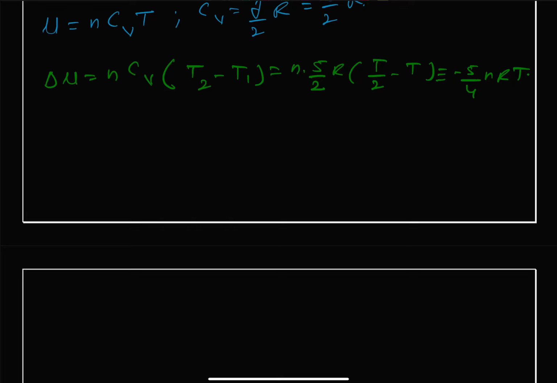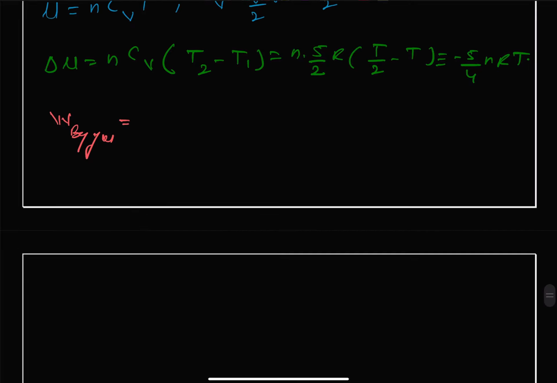Therefore we can see that the work done by the gas will be equal to minus of delta U, which will be equal to minus of minus 5 by 4 nRT, which comes as 5 by 4 nRT.